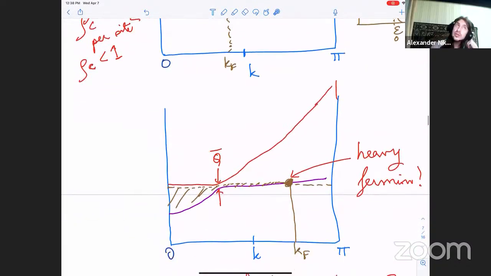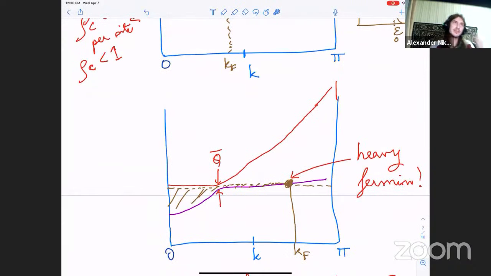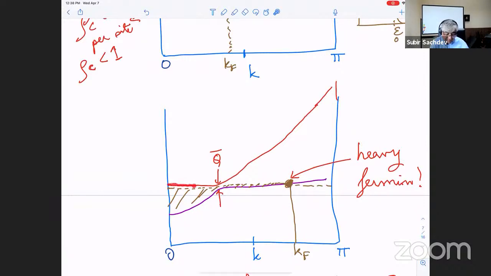Also, I was wondering, if we increase it larger than 1/2, then we get a Fermi liquid again, but in this case we have a small Fermi surface? It depends. If you go larger than 1/2, there's a window here where your Fermi energy is here, and then it's still a heavy fermion.